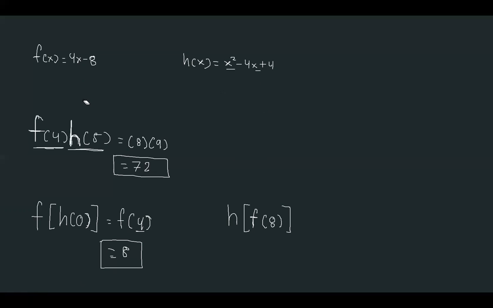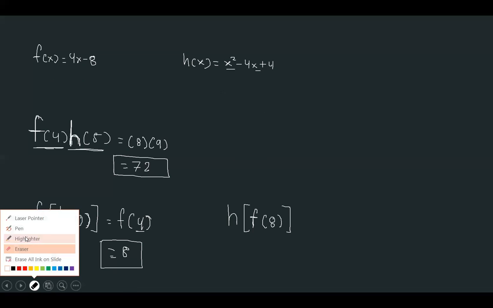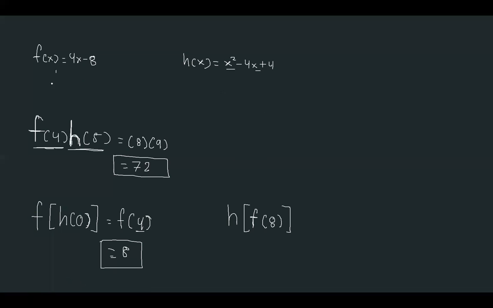So f of 8 is equal to 4 times 8 minus 8. 4 times 8 is 32, 32 minus 8. So this is 24. Let me check if I'm correct. 32 minus 8, yeah, 24.